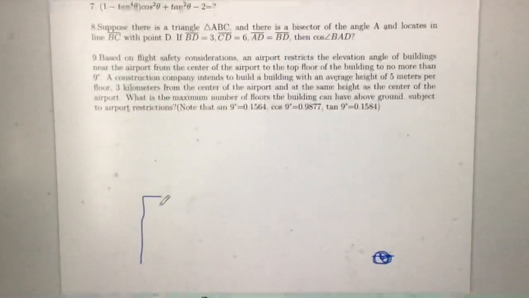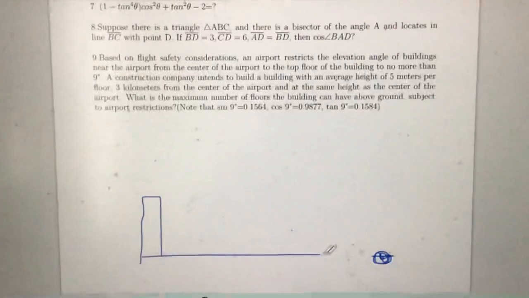For example, building here, and they are 3 kilometers from the center of the airport. That means the distance from the building to the airport is 3 kilometers.